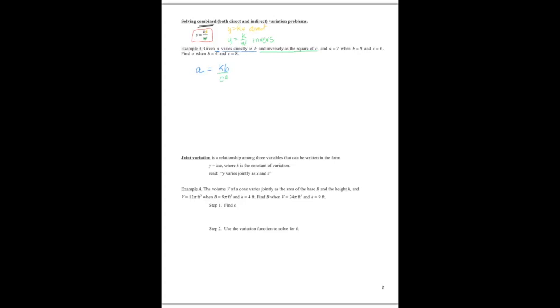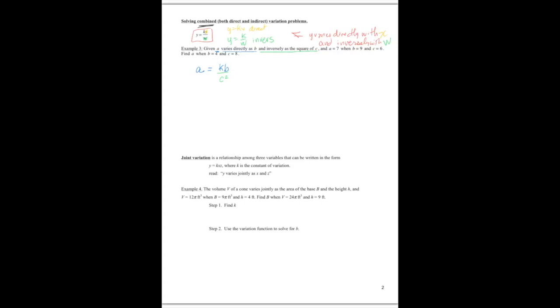Now we have A varying directly with B and inversely as the square of C. This corresponds to what we just said up here, where y varies directly with x and inversely with w. So this is the corresponding variation equation.